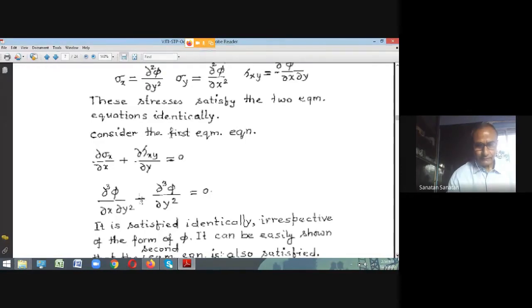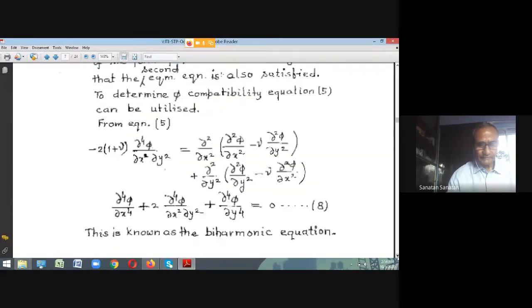It is ∂²τxy/∂x∂y, which was nothing but ∂²σy/∂x² plus ∂²σx/∂y². So the compatibility equation is ∂²τxy/∂x∂y = ∂²σy/∂x² + ∂²σx/∂y².